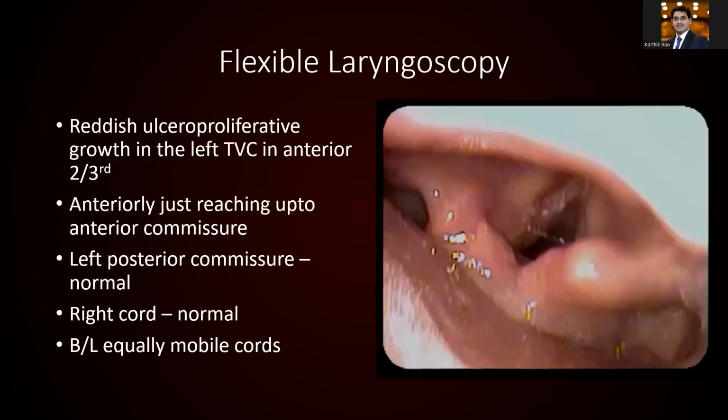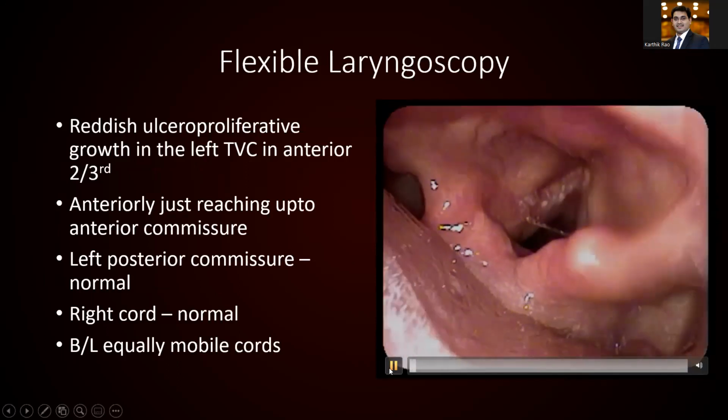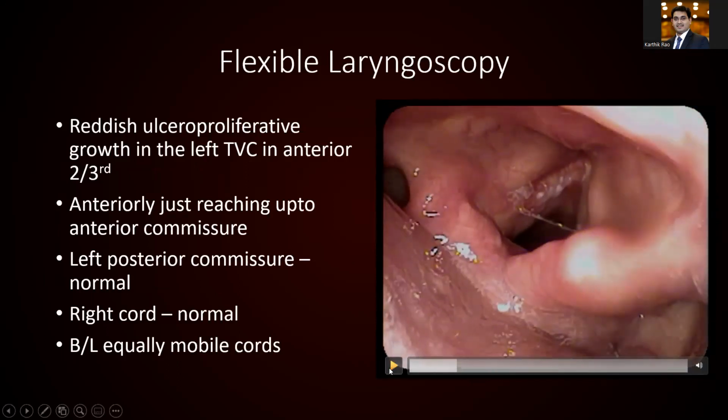Can I move on to flexible laryngoscopy, sir? Sure. On flexible laryngoscopy, I have rotated the video to show it as a direct laryngoscopy. So the cord on our left is the left of the patient and the cord on the right is the right of the patient.